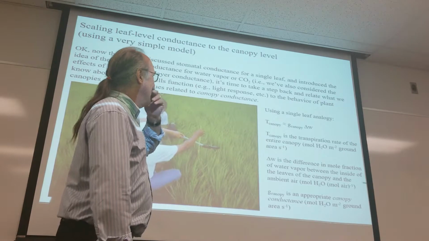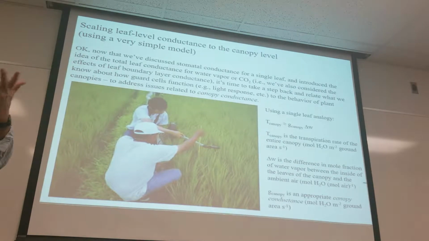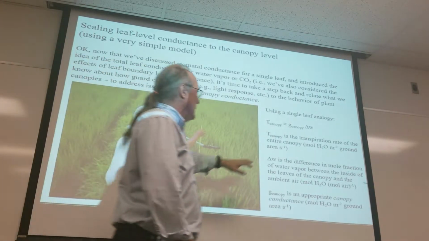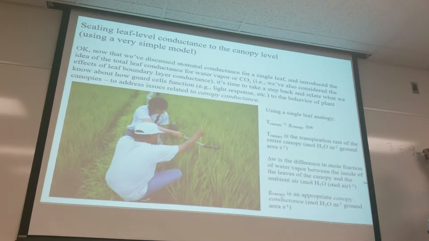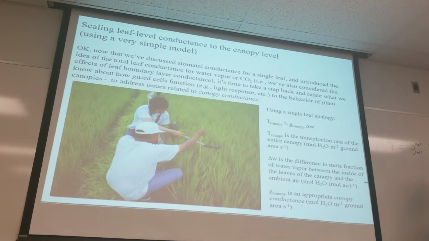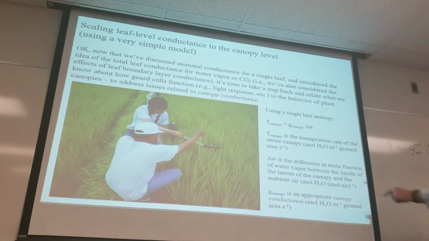So it's kind of like we have to come to grips with the analogous term at the canopy level that we have at the leaf level, namely a canopy conductance for water vapor. So remember at the leaf, I had this transpiration was the total leaf conductance for water vapor times saturation at the leaf temperature minus the air vapor pressure, right? Well, we can use an analogous equation.